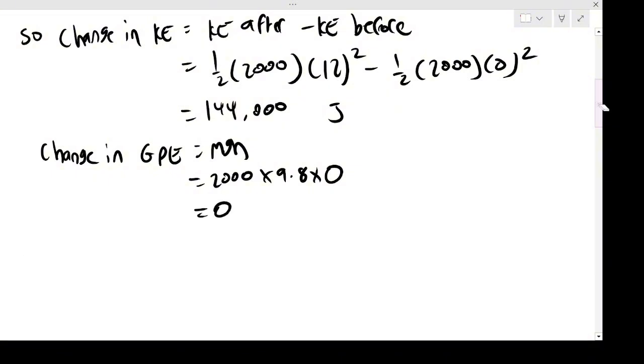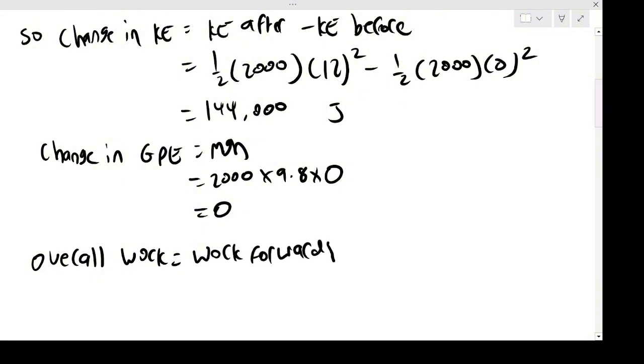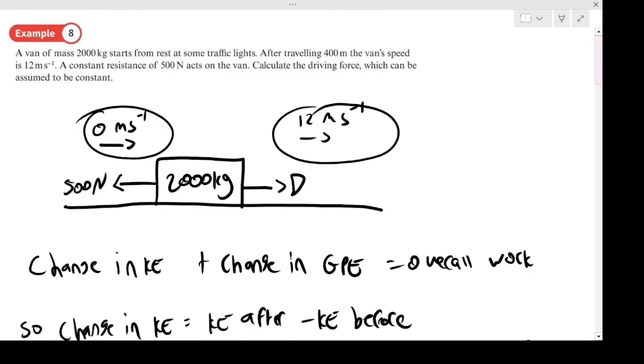And then lastly, the overall work, well, I said that's the work forwards, take away the work backwards. So what does that mean here? Okay, well, I'm talking about the forwards and the backwards force.